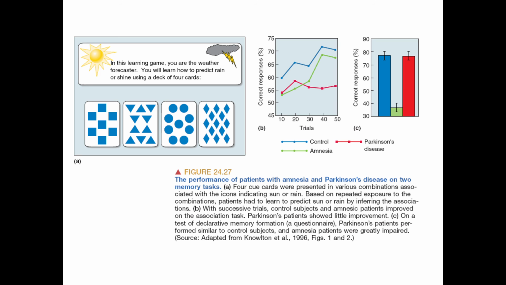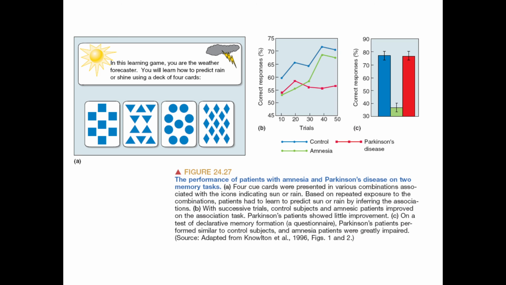They have a problem remembering, for example in this case, the order in which these cards are presented in order to predict the weather. But if you take another test, for example a questionnaire, the typical test, the Parkinson's patients performed almost exactly like normal patients, and amnesia patients performed really badly.